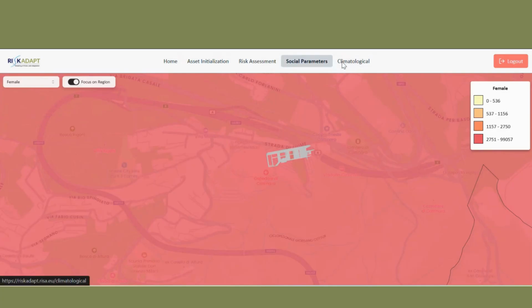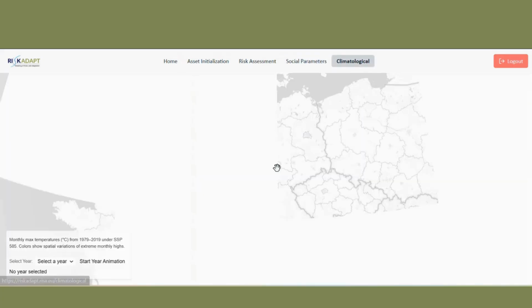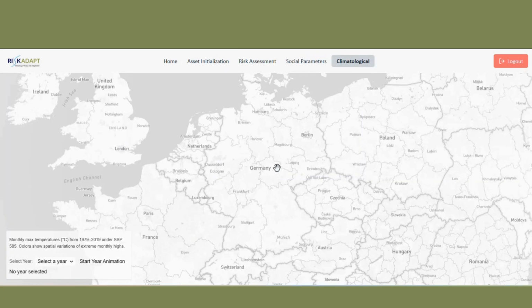And we have another module, which is the climatological module. This is based on NetCDF data that were provided by FMI. And here we have integrated the monthly maximum temperature over the period 1979 to 2019 under the worst case scenario of SSP, which is the SSP 585.